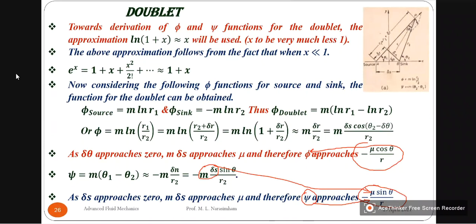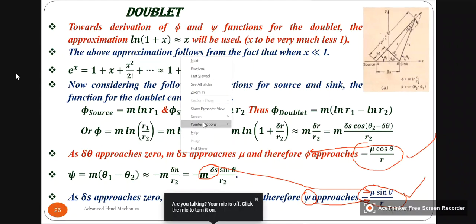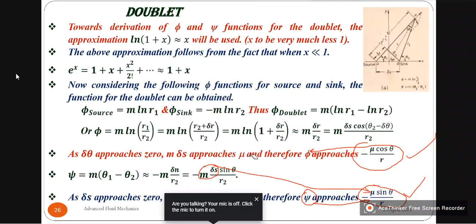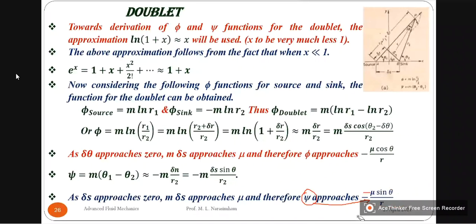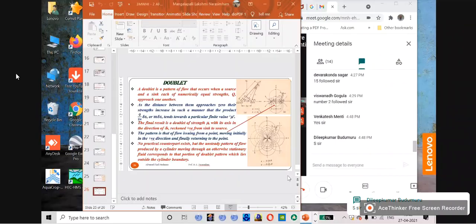So this is phi of doublet and this is psi of doublet. Is it clear?